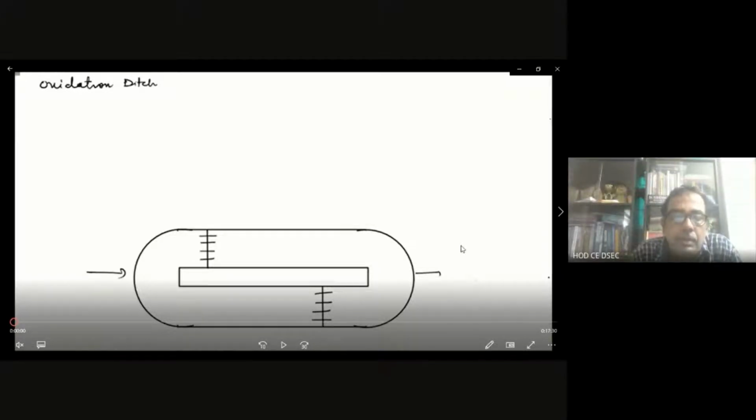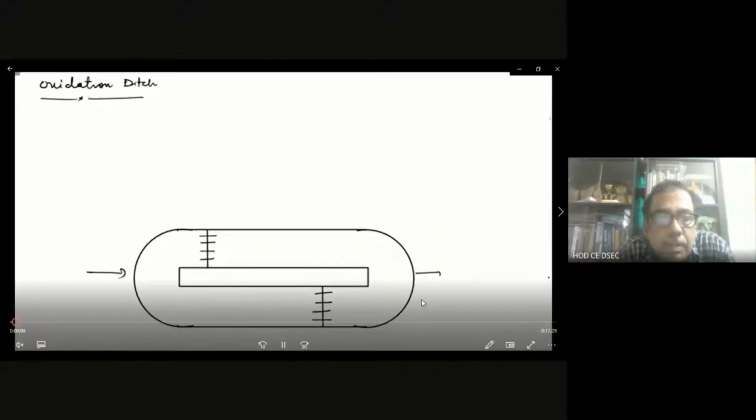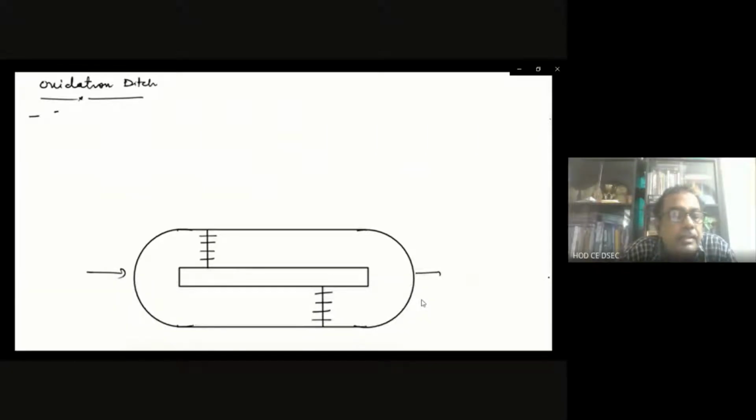Fine. Now what is the oxidation ditch? You see the diagram, it is oval in shape. It is an extended aeration system, that much I can tell you. So it is a modified activated sludge process, the extended aeration type ASP rather, we can say.